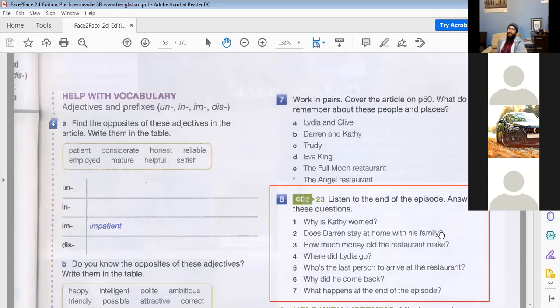And at the end of the episode, what happened at the end of the episode? What did you hear at the very end? Elizabeth, father of Elizabeth. Correct. He said he's the father of Elizabeth, but after that, there was something else.